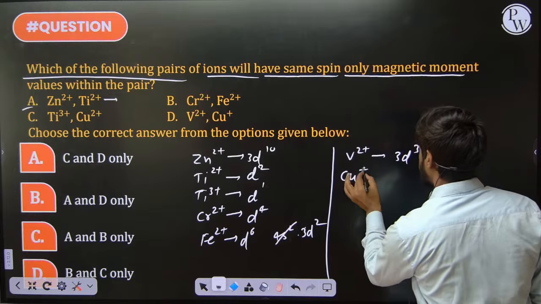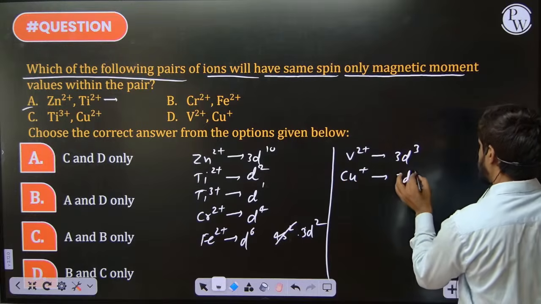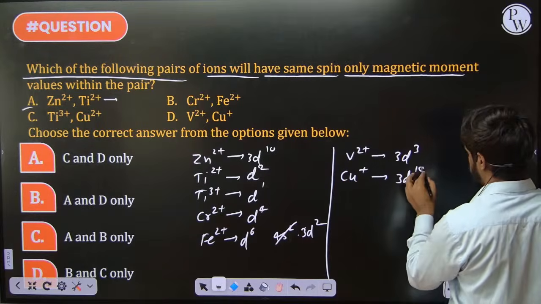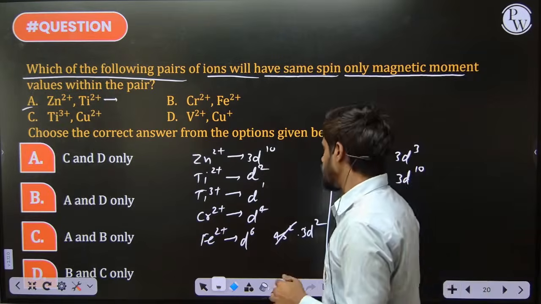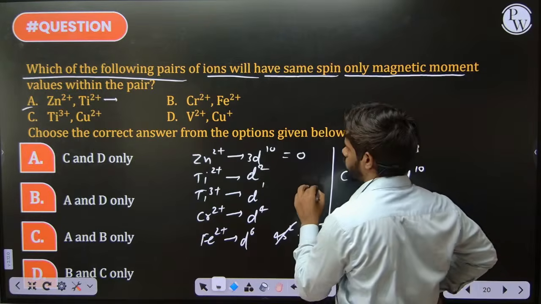Copper 1+ is 3d10. So in this case, the unpaired electrons are 0.